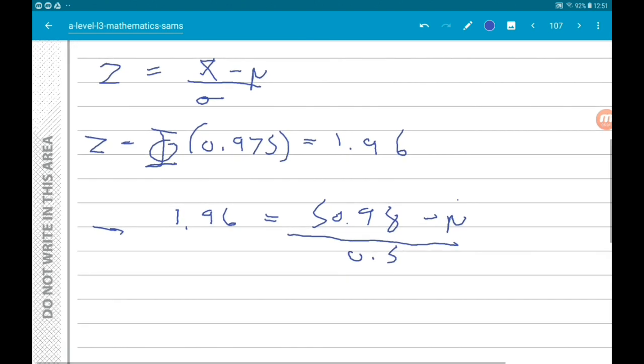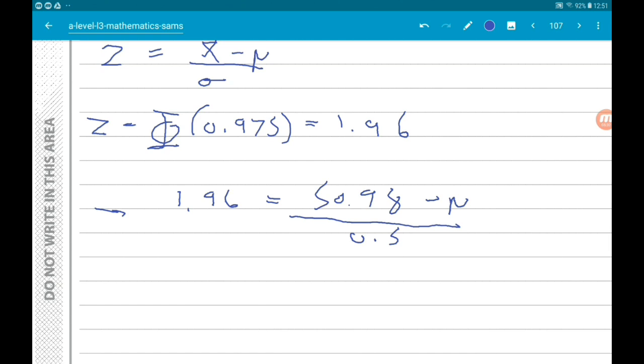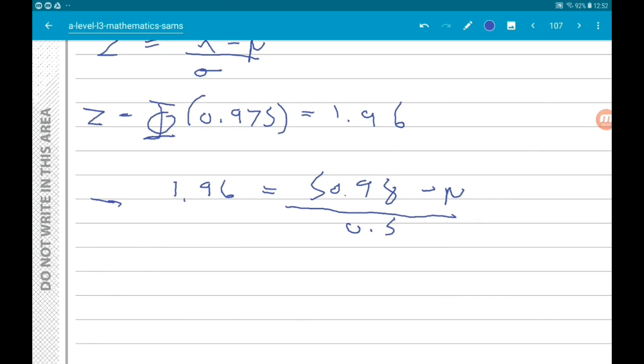Now if we multiply through by 0.5, we get 0.98 is equal to 50.98 minus mu, and that then leads to mu is equal to 50.